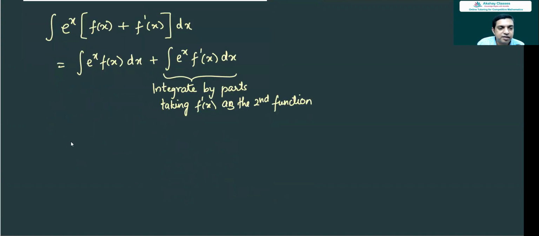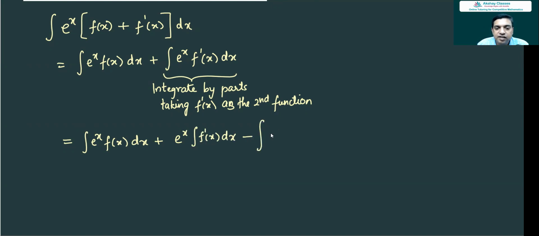So what do we get? We get integral e power x f of x dx plus integral of, so first function into integral of the second, minus integral of the derivative of the first times the integral of the second.